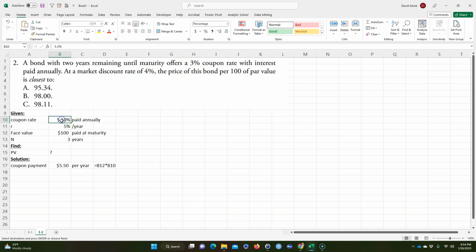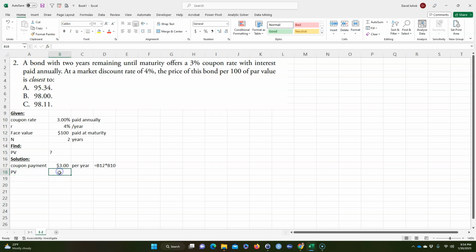Now we know the coupon rate's 3%. The market discount's 4%. This is 2 years, right? And just make sure you got everything, $100. And then I'm going to show you another one I didn't show you. I can use a present value function on this.